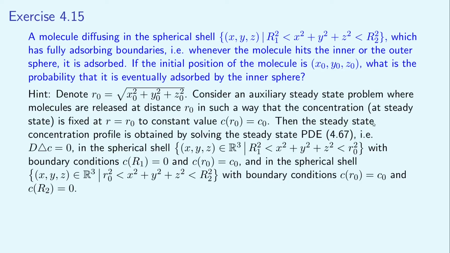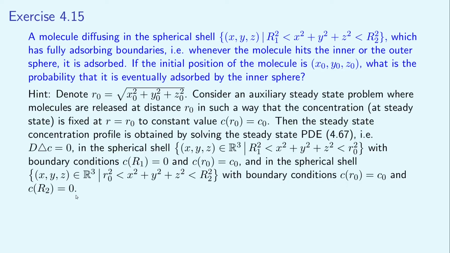Then the steady-state concentration profile is obtained by solving the steady-state partial differential equation 4.67, that is, by solving Laplace's equation. In this spherical shell with boundary conditions c at r1 equal to 0 and c at r0 equal to c0. And in this spherical shell with boundary conditions c at r0 equal to c0 and c at r2 equal to 0.